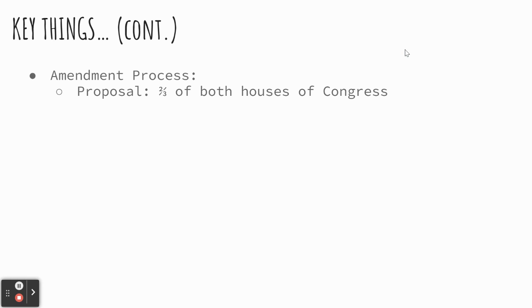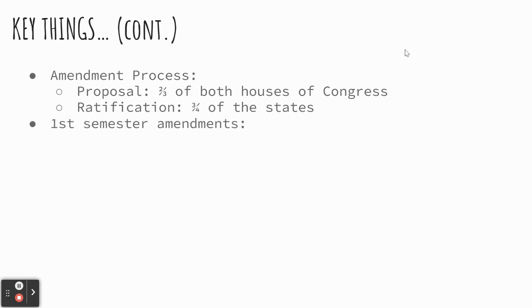Then, once both the House and the Senate agree to propose an amendment, it's the job of the states to ratify or approve that amendment, and you need three quarters. So it's two-thirds of Congress and three-quarters of the states in order to add an amendment to the Constitution. Again, it's not easy, but it's easier than it was under the Articles.